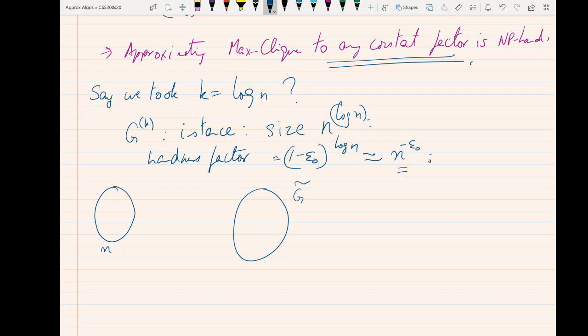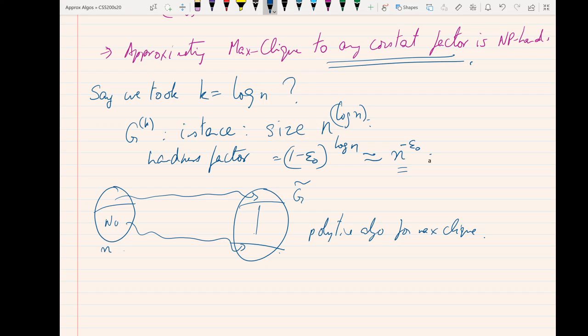Let me call this graph g tilde, and you had a polytime algo for max clique. Then the yes instances got mapped here, and the no instances got mapped to this, where the gap was n raised to minus epsilon 0, the ratio.